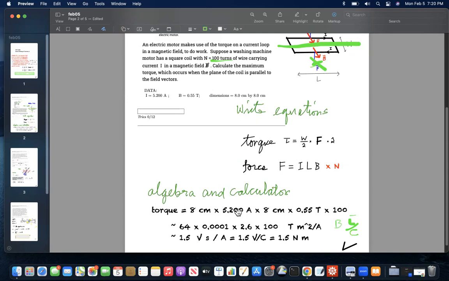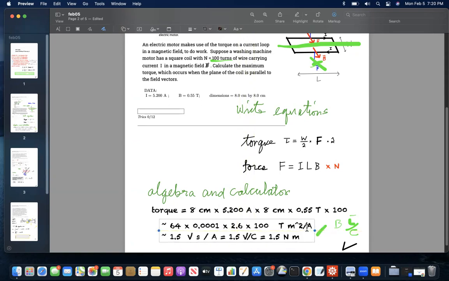Oh, no, the amps are in the numerator. No, there's a mistake here. This should be Tesla meter squared times amps. So I calculated this unit wrong. Yeah, so this is volts per coulomb because the amps should be in the numerator. And amps is coulombs per second.